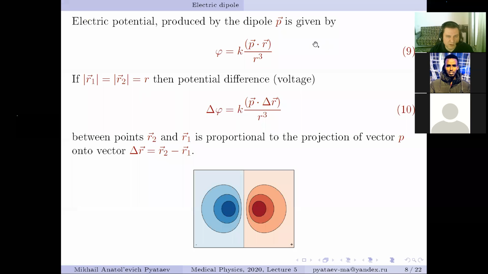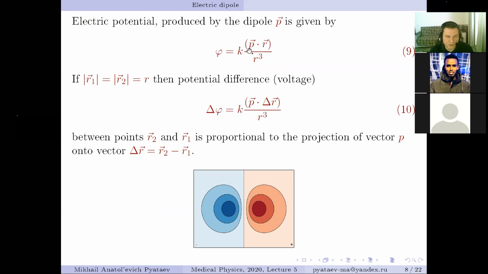Then the absolute value of r in equation 9 will be fixed, and the potential will depend only on orientation of vector r relative to vector p.